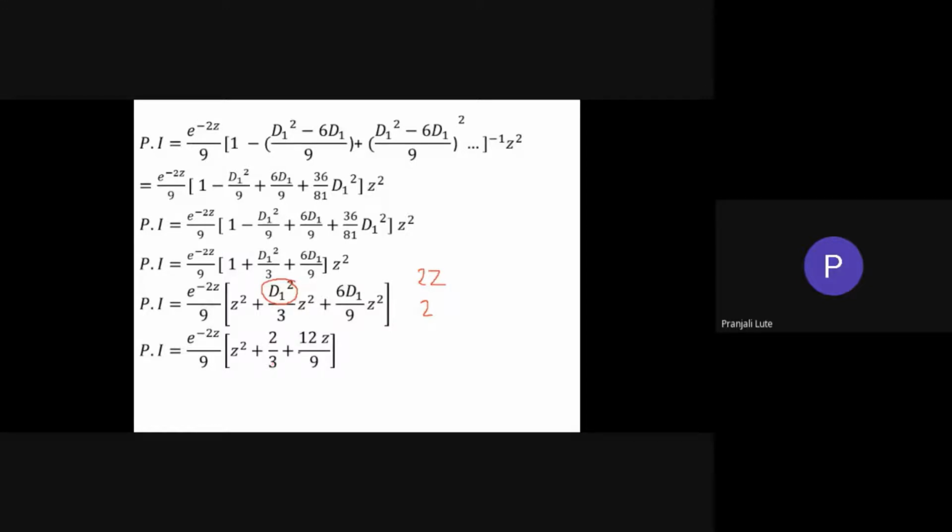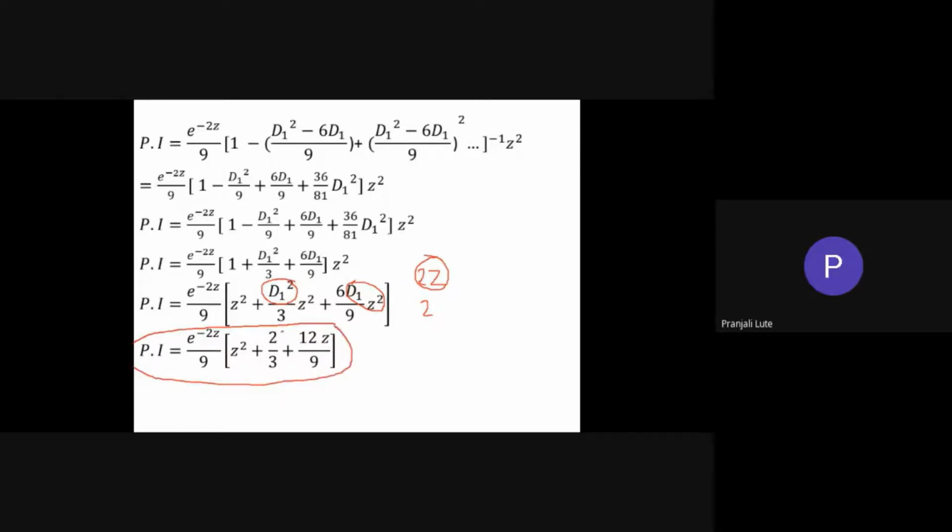So single derivative is 2z. So here we write down 2z, and 2z into 6 is 12z upon 9. So your particular integral is e to the power minus 2z into z square plus 2 by 3 plus 12 by 9z. This is the particular integral.